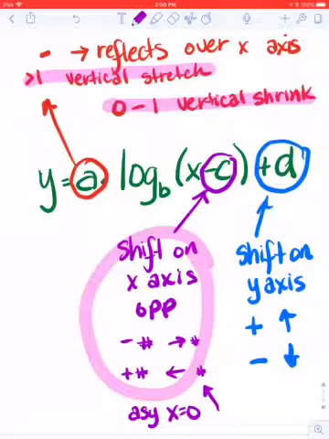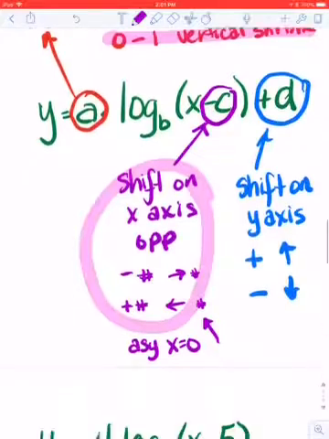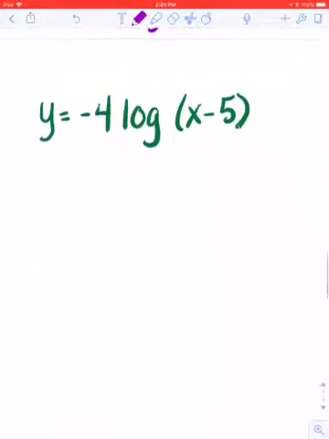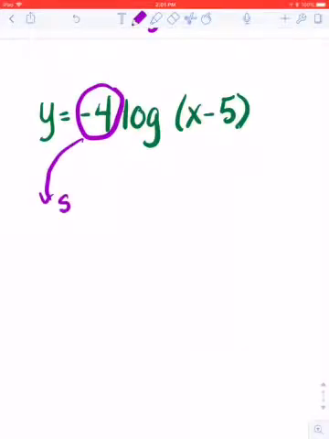So let's take a look at a couple examples so you can see how this works. So on this first one, this negative number tells me two things. It tells you if it's negative that you're going to reflect over the x-axis.